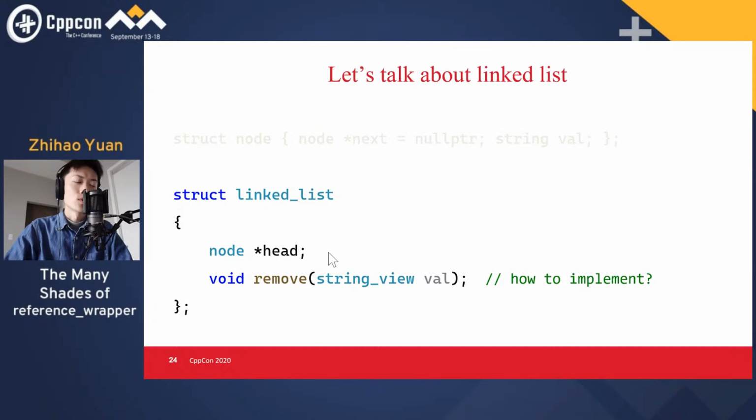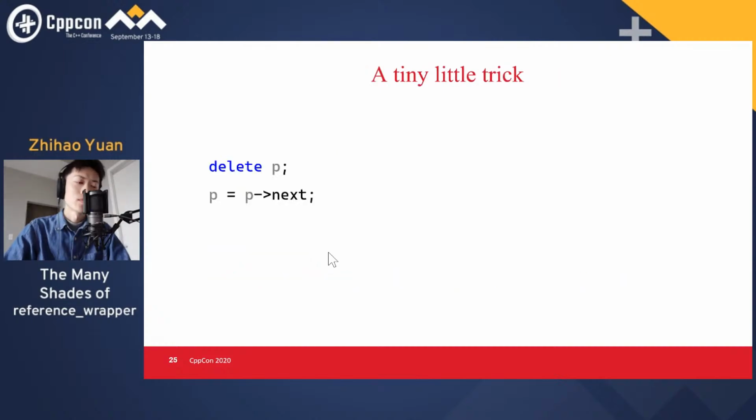Before we jump into these algorithms, I want to introduce a tiny little trick. We need to drop nodes from the linked list, which means we will need to delete them.